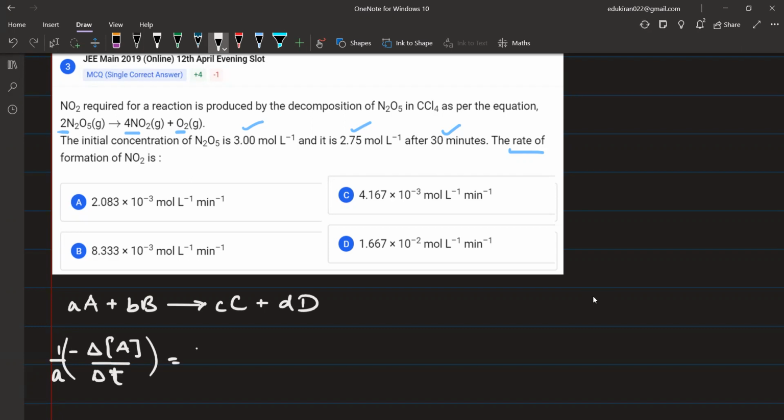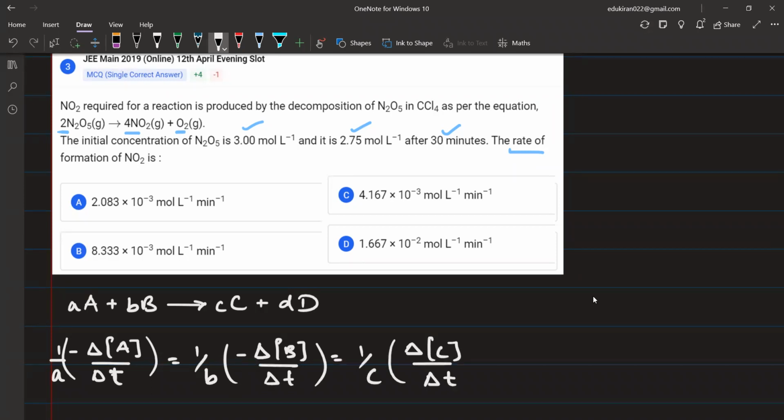This will be equal to 1 upon b minus the change in the concentration of B divided by change in time. This will be equal to 1 upon c, because it is product, it will be positive, change in the concentration of C divided by change in time. This will be equal to 1 upon d change in the concentration of D divided by the change in time. You are aware of this equality? Okay. So plug this equality for this equation N2O5 के लिए.